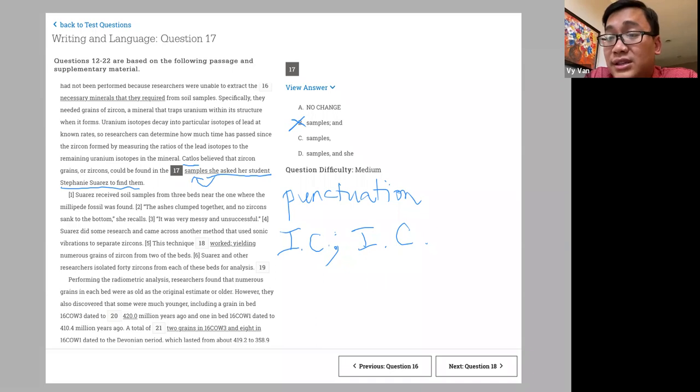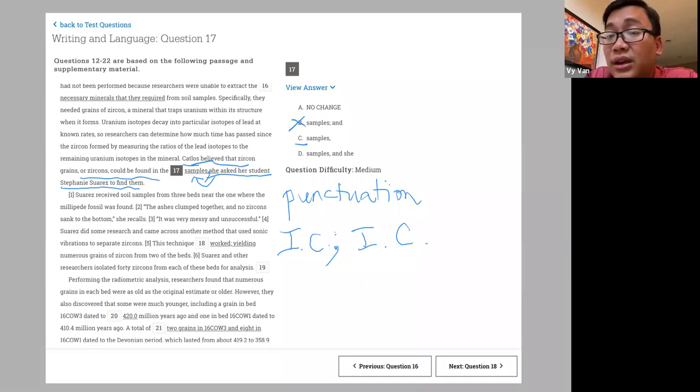Now C, let's look at C. If you put a comma here, it says Catlos believed that zircon could be found in the samples, and then you put a comma. She asked her student to find them. Now, what's wrong with this? If you put a comma here, all of this is an independent clause or a complete sentence, and here it says she asked her students.